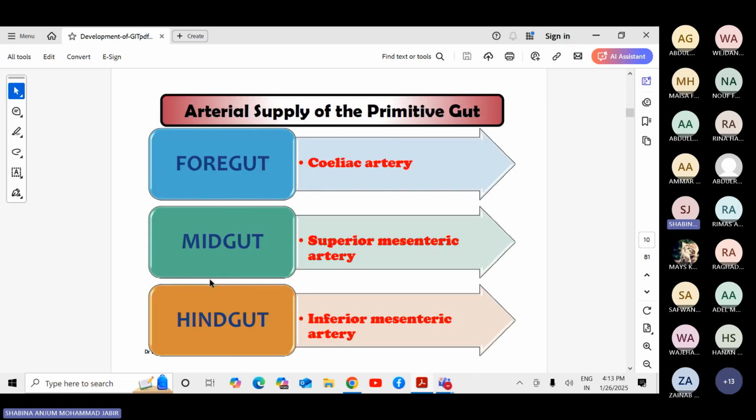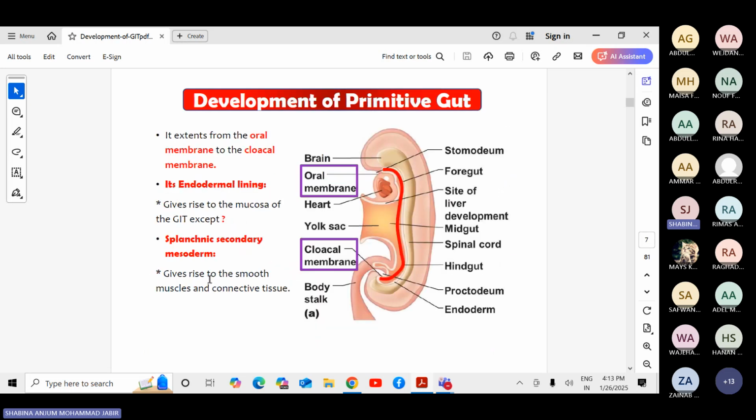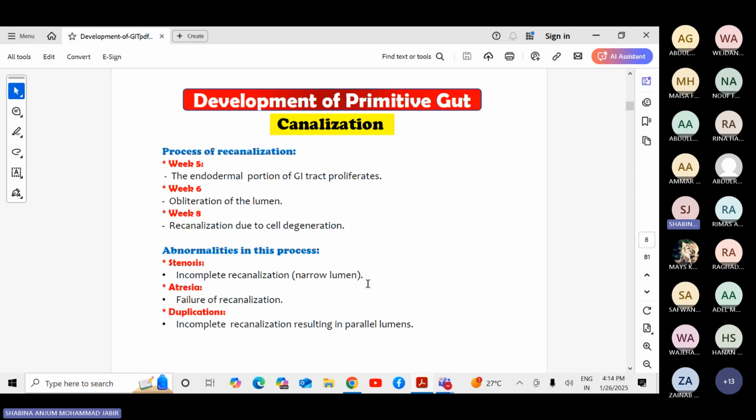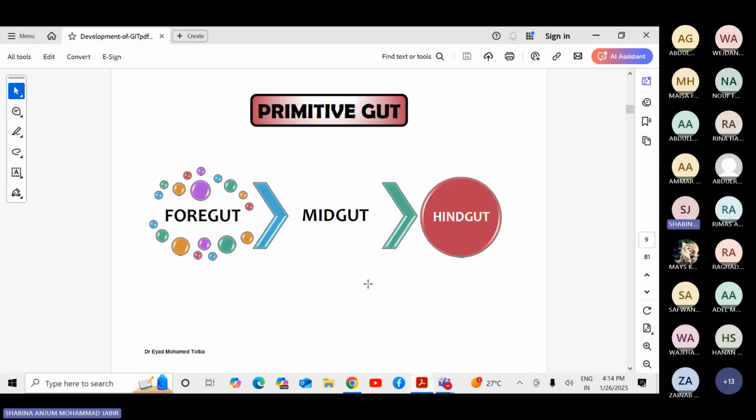And always remember, what I am telling, along with this, many other changes are also happening. Like here, we will have the presence of the primitive dorsal aorta. This will be the site, and this will send branches to the developing foregut, developing midgut, and hindgut. So all these small branches will disappear.